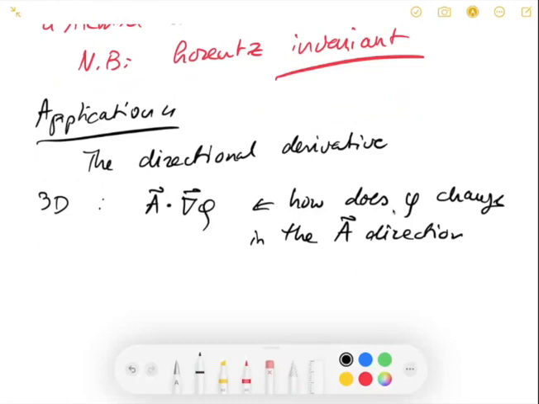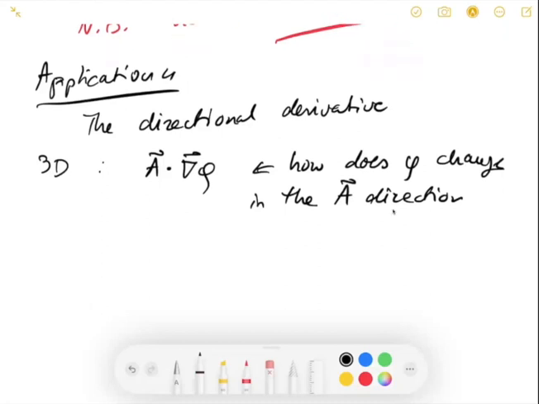Then you dot that with the direction, and you can say exactly, if I walk a certain distance in that direction, how is that scalar quantity going to change? So we sometimes write the directional derivative like this. We just group them.